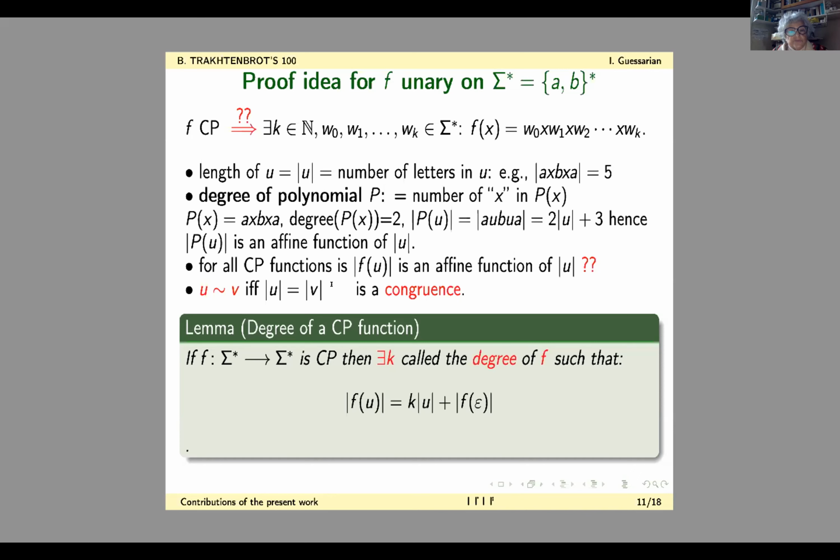This is a congruence, and with the help of this congruence, we can prove that if f from the free monoid into itself is CP, then it has a degree k such that the length of f of u is equal to k times the length of u plus the length of f of epsilon. Epsilon is the empty word. Exactly the same situation as with polynomials.